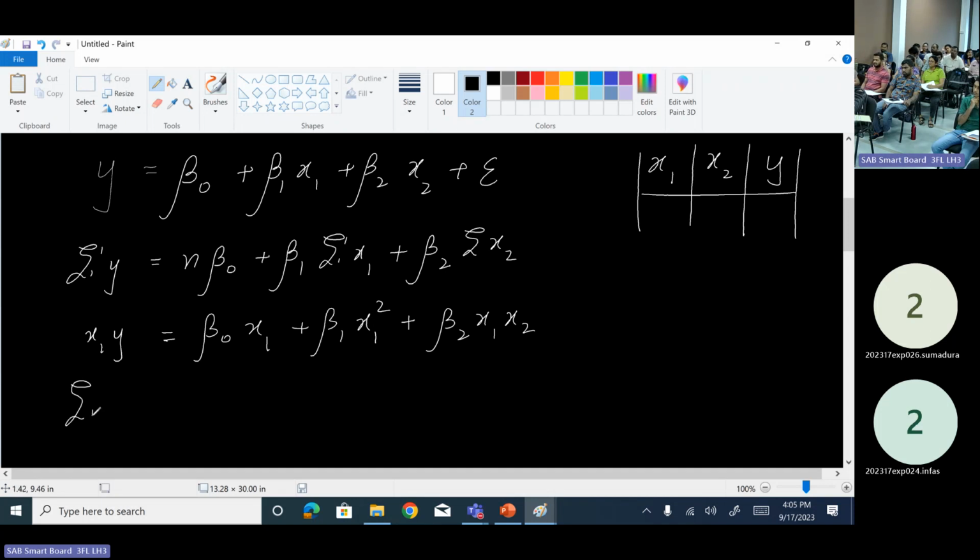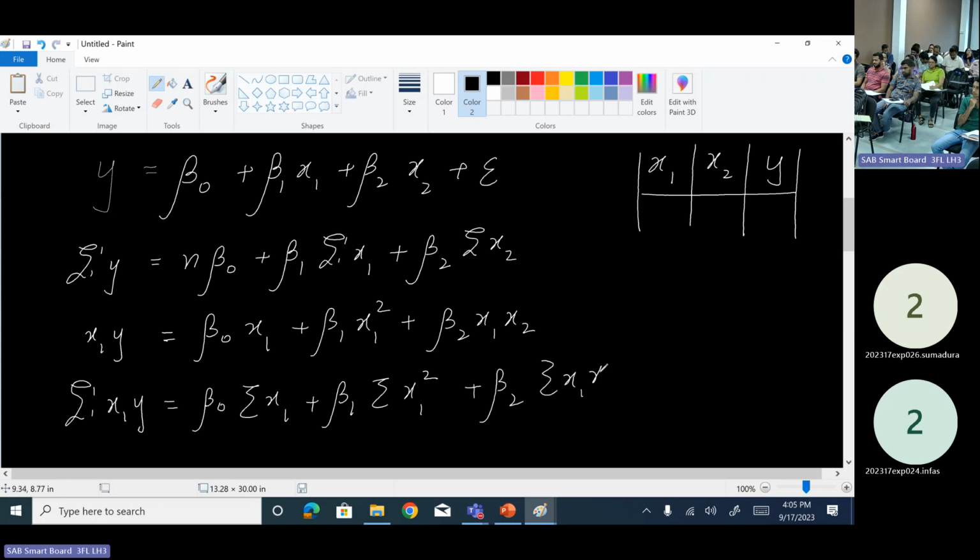Here you get sigma x1y equals beta naught sigma x1, beta 1 sigma x1 squared, beta 2 sigma x1 x2. These values can be calculated now for beta naught, beta 1, beta 2. In the same way you can multiply this by x2 and get the third one. Then solve.